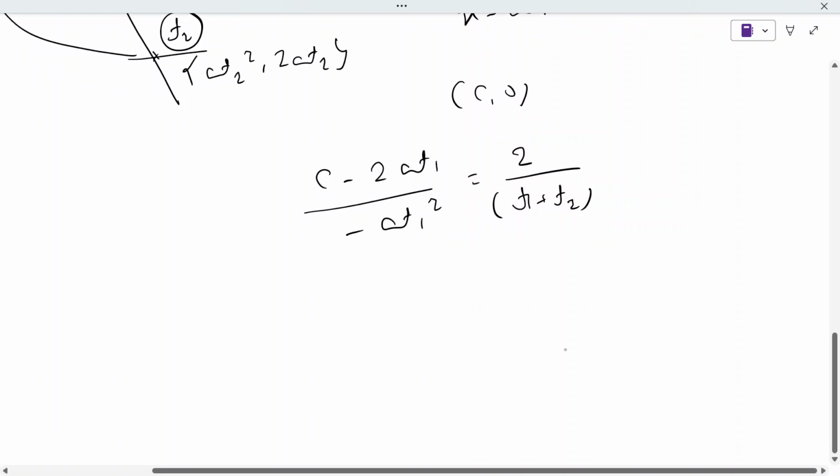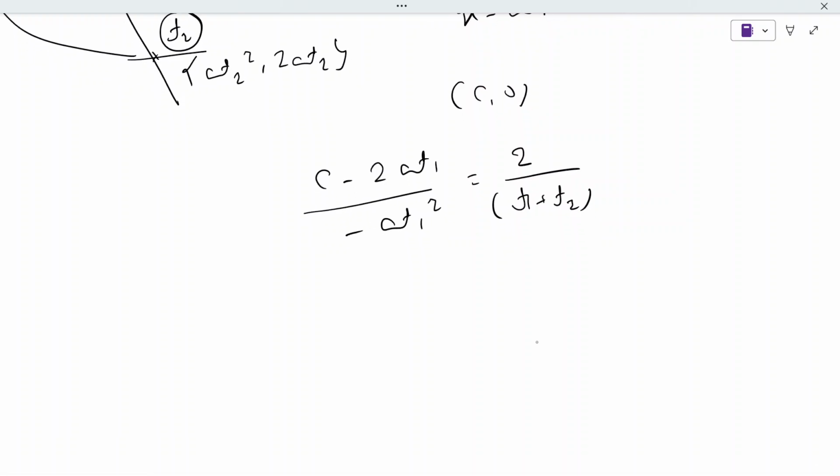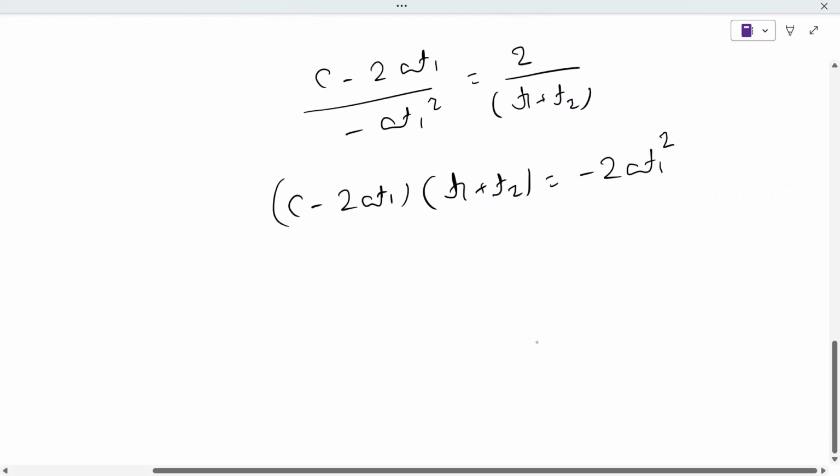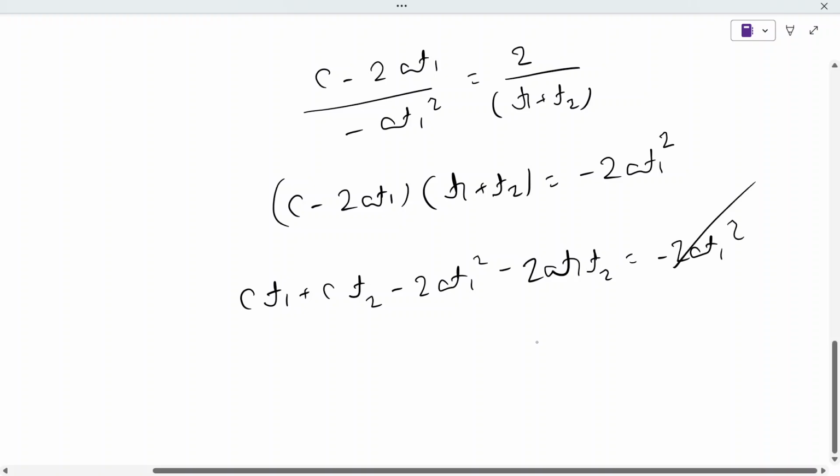Let us cross multiply this equation: (c minus 2at1) multiplied by (t1 plus t2) is equal to minus 2at1 square. So ct1 plus ct2 minus 2at1 square minus 2at1t2 is equal to minus 2at1 square. It is going to cancel, so what we got is c into (t1 plus t2).